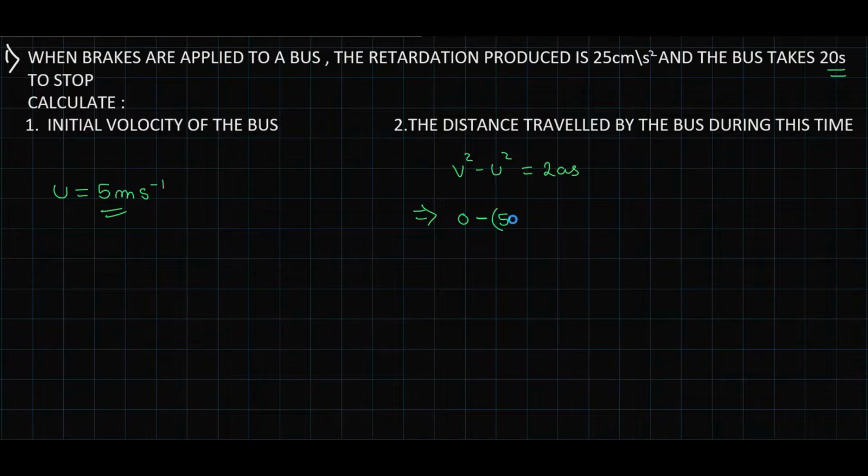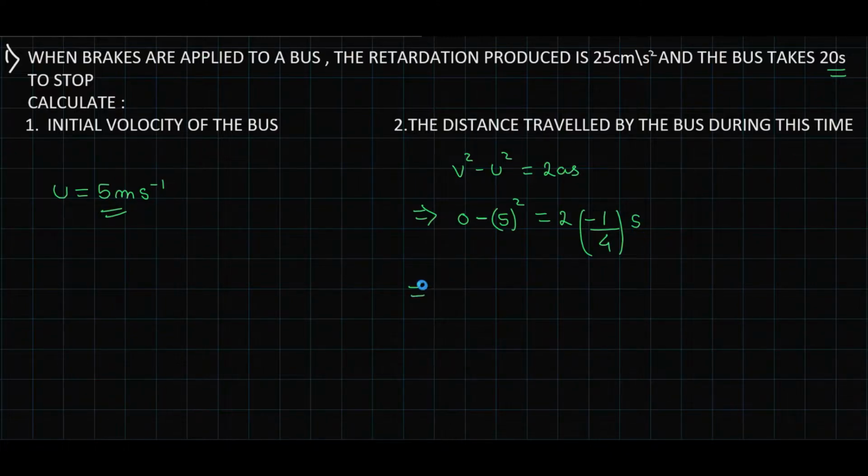We write 5 whole squared, equals 2 times the acceleration, which was 25 centimeters per second squared, so we can write it as minus 1 upon 4, and the distance which we have to find, S.